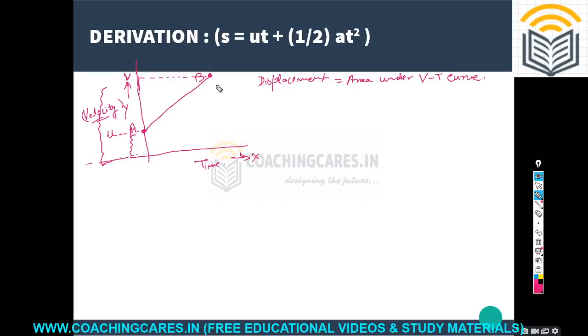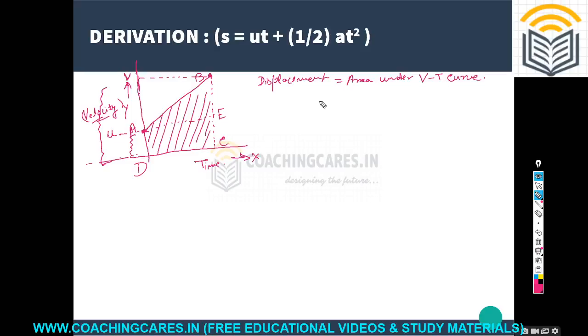We can understand the area under the VT curve this way. Suppose this is point C and this is point D. I just connect it here. This is point E. So this whole area is the area under the VT curve, and this is called the displacement.